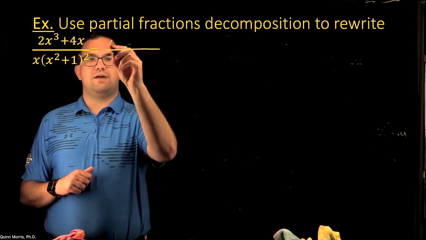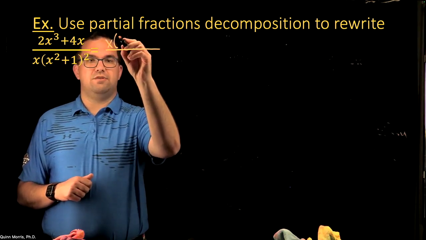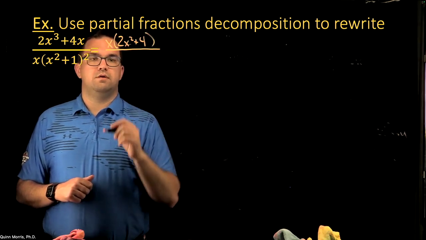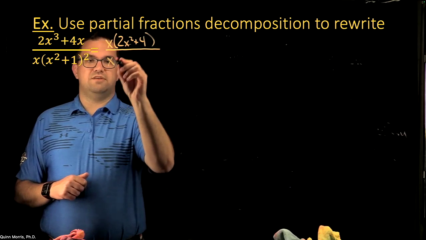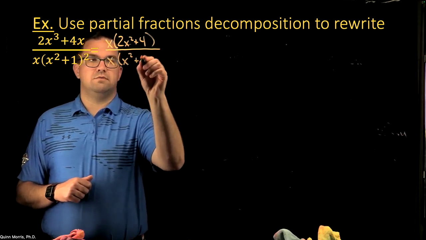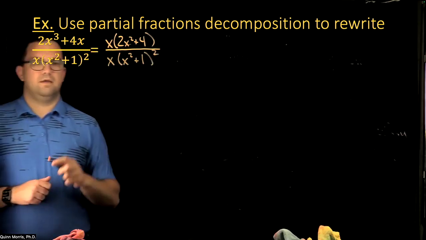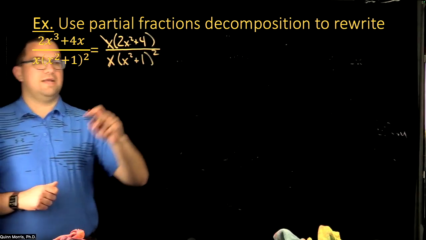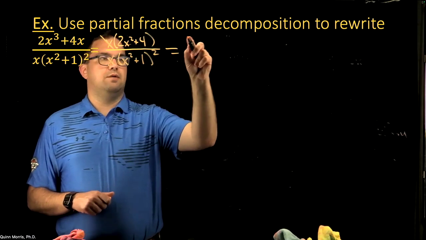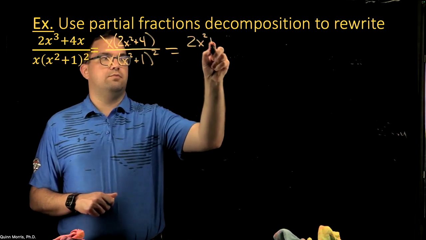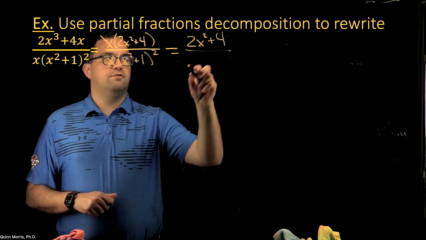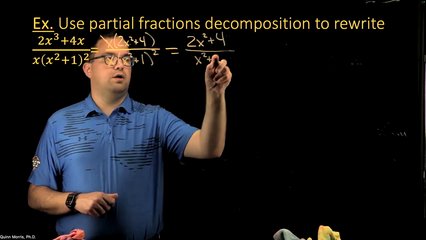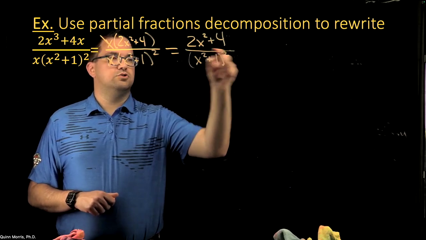In the numerator, I could factor out an x, and I'd be left with 2x squared plus 4. In the denominator, I have this factor of x. Before I even begin, I want to make sure I simplify and cancel those x's. So I'll end up with 2x squared plus 4 divided by x squared plus 1, squared.